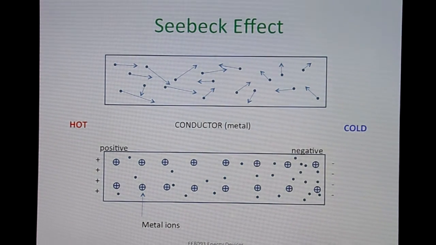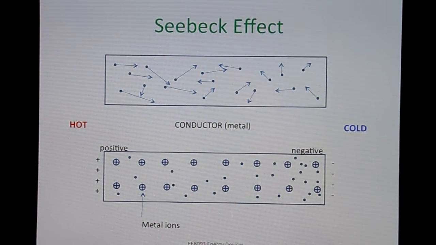The heat is in fact being conducted from the hot side to the cold side by the electrons in the metal and also by these fixed mobile ions. But here, for simplicity, we do not show the metal ions in the top diagram. We will simply focus on the electrons.